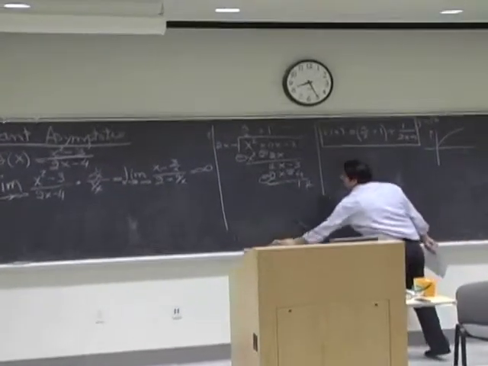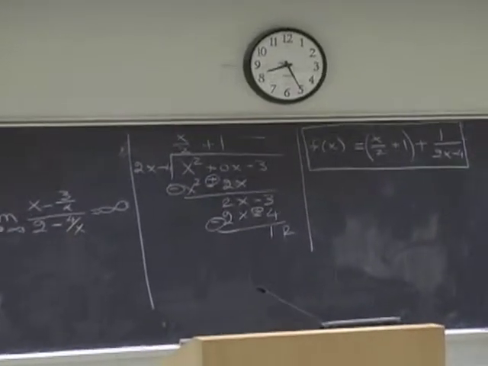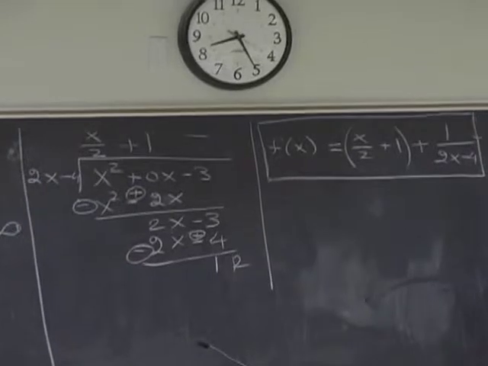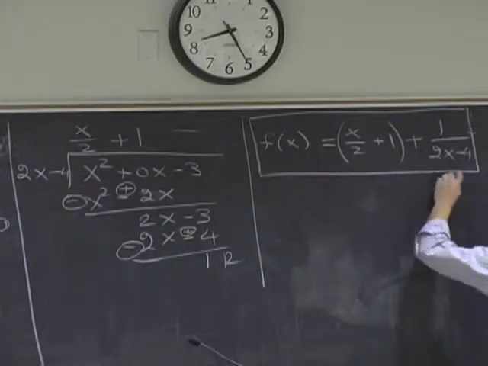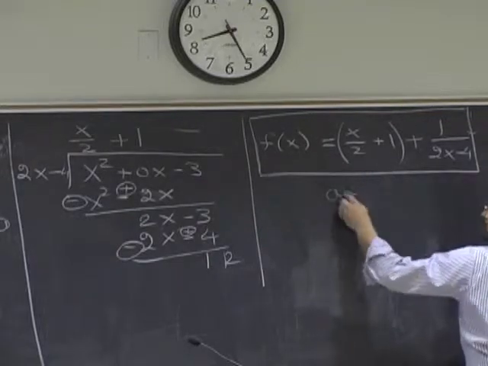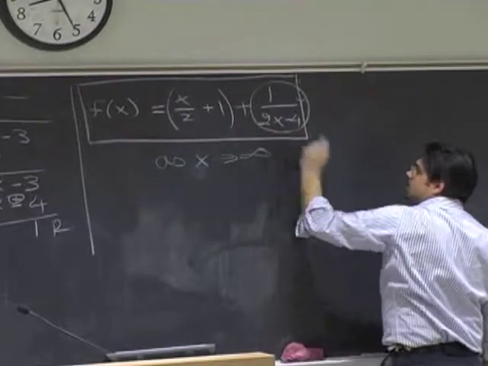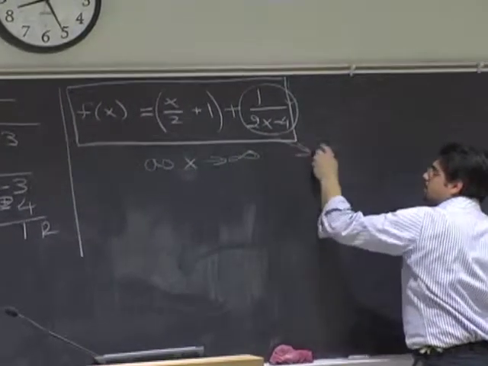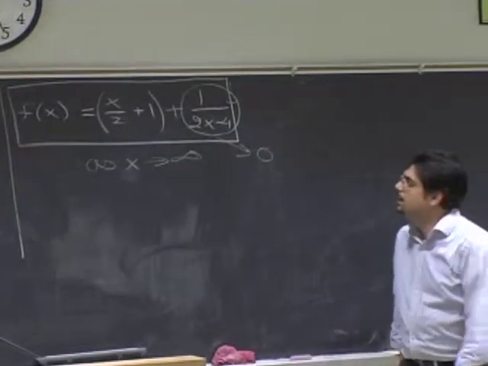That's the same function, just written differently. Now, as x gets large, this quantity gets really small. Does that make sense?